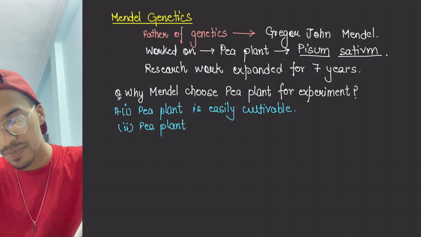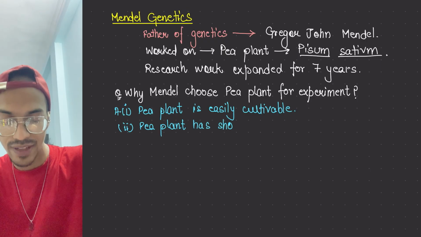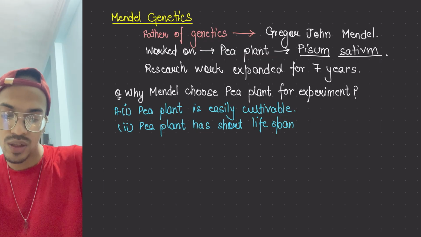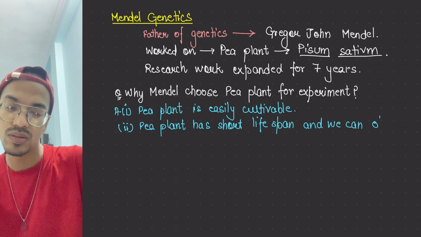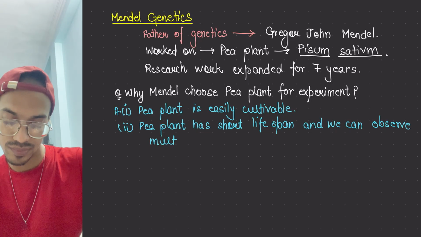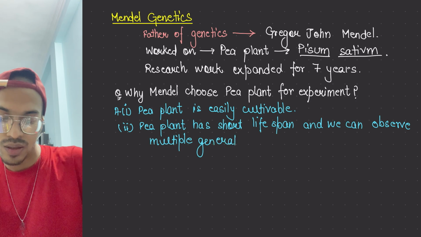Pea plant has a short lifespan and we can observe multiple generations faster.